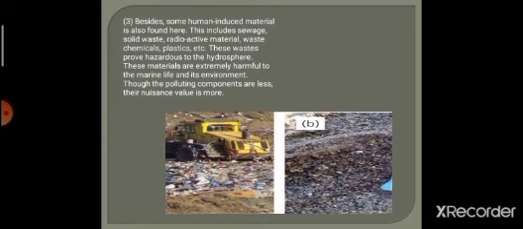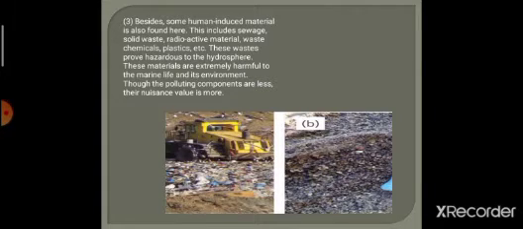The third one: besides these, some human-induced materials are also found on the ocean bed. These include sewage, solid waste, radioactive materials, waste chemicals, plastics, etc. These wastes prove hazardous to the hydrosphere.